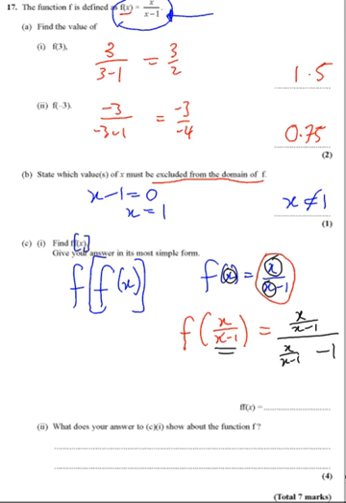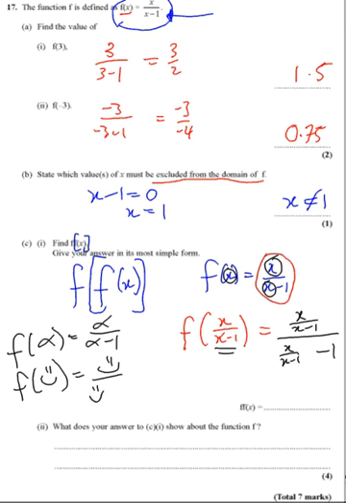I hope people understand how that works. If I did f of a fish, that would be fish over fish minus 1. If I did f of smiley, that would give me smiley over smiley minus 1. So if I've already done f of x and got x over x minus 1, and I do f of that, I'm going to get x over x minus 1, over x over x minus 1, minus 1.